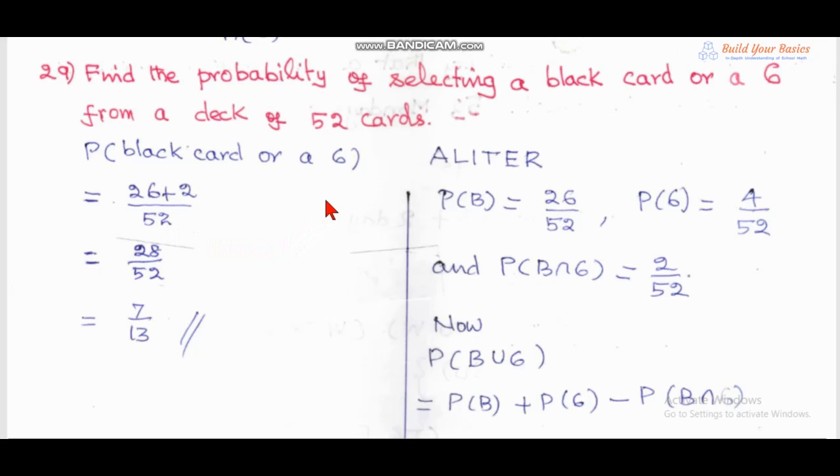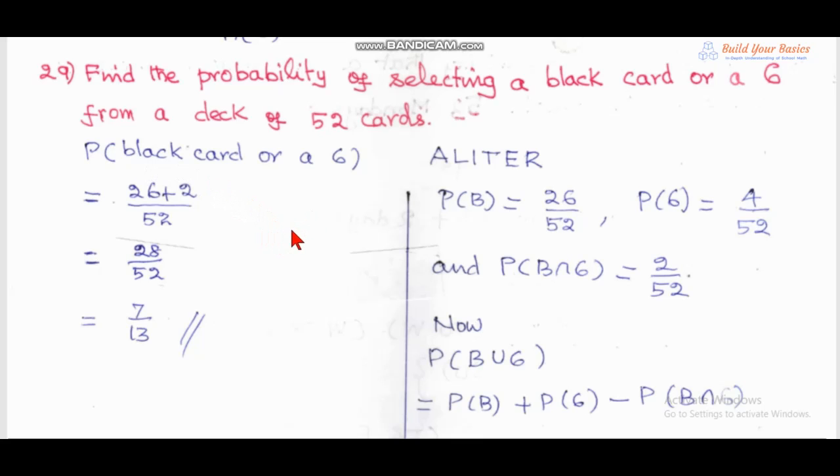And the number of cards which bear a number 6 is 4. Of those 4 cards, 2 cards have already been included in the 26 black cards. So the other 2 cards are now to be taken.